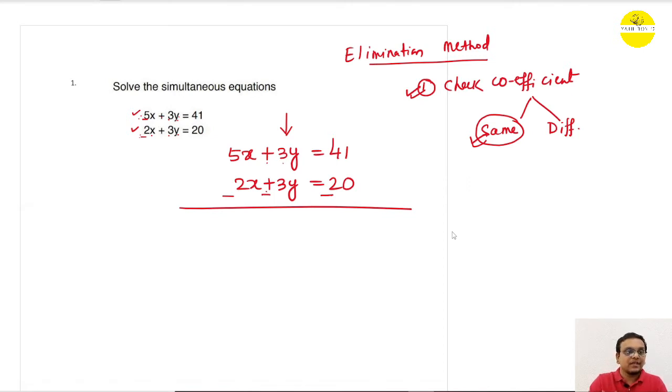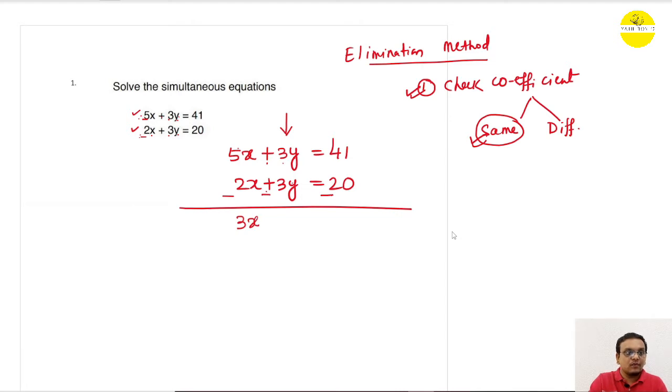Again, I'm saying here we have plus 3y and plus 3y, the same sign I have, so I have to eliminate this 3y and 3y. So I have to subtract these two equations. And when you subtract these two equations like this, the bottom equation that we have, the sign of each term will change.